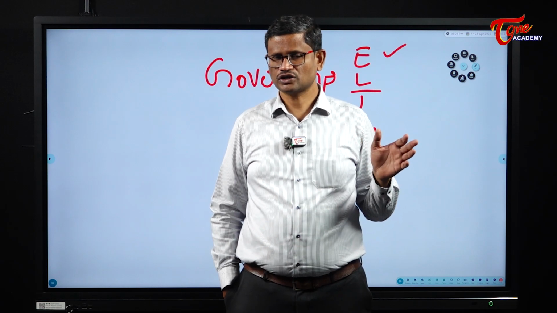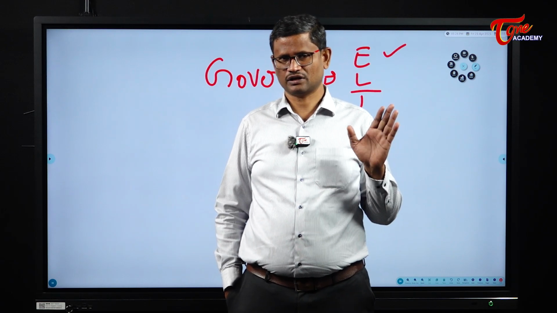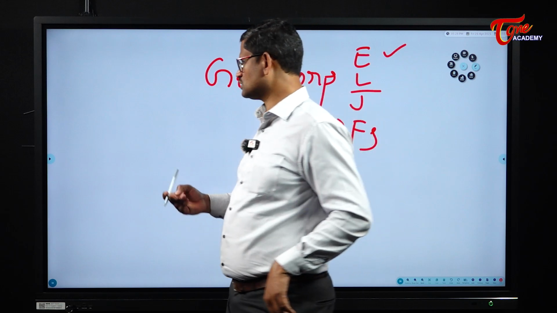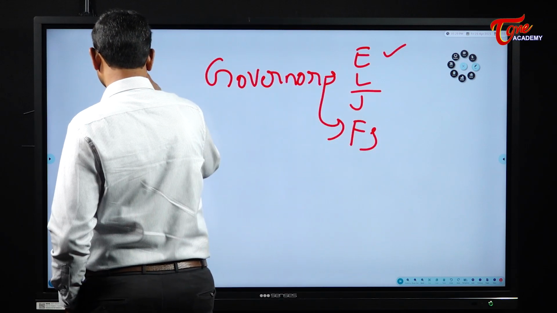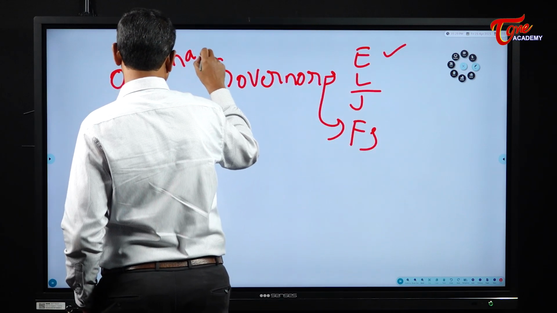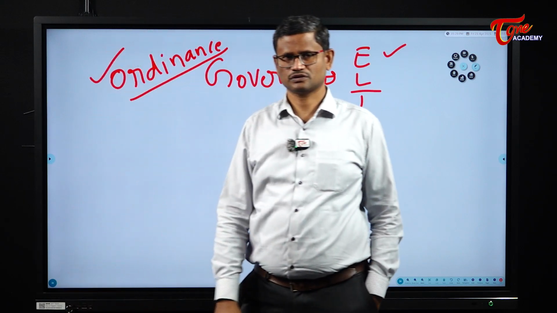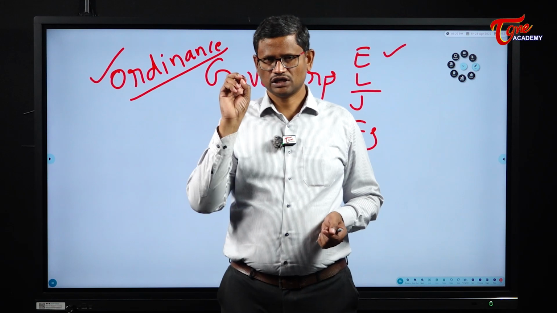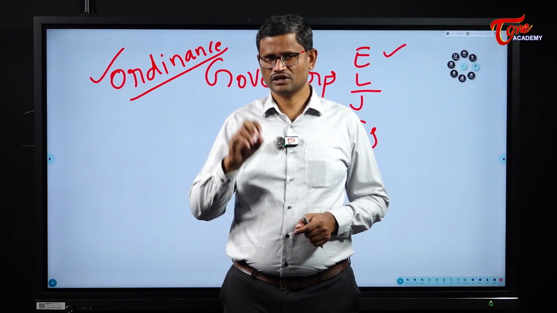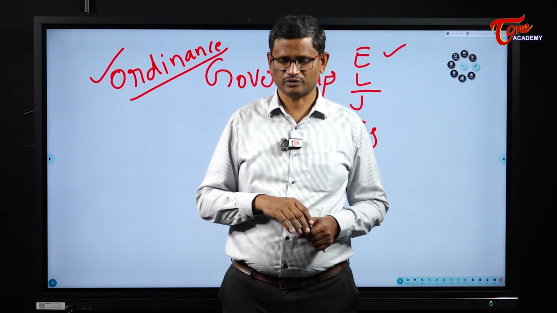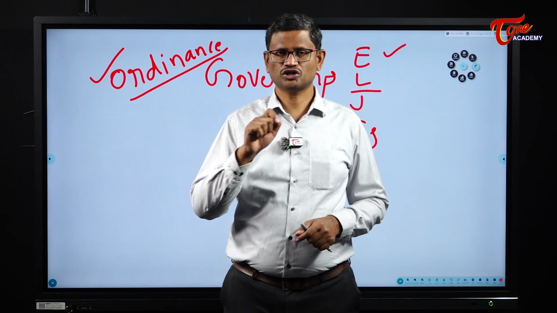So these are executive powers of the governor. Then here again we should also discuss the ordinance making powers. Ordinance making powers also comes under executive powers. I said when the state legislature is not in session and when there is urgency, when there is a purpose of immediate action, the governor can issue ordinance.